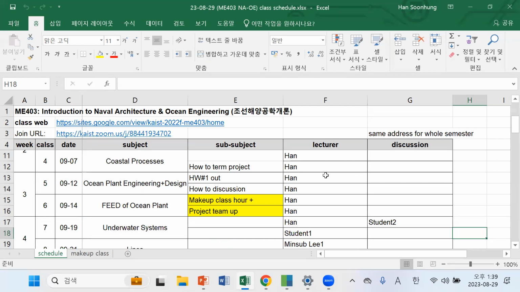Until then, I will do the lectures myself. Usually the format is: the first lecture, second lecture, and discussion every time. Okay, that is the operational way. Then the subject is here, and I will provide you the material of the previous year.